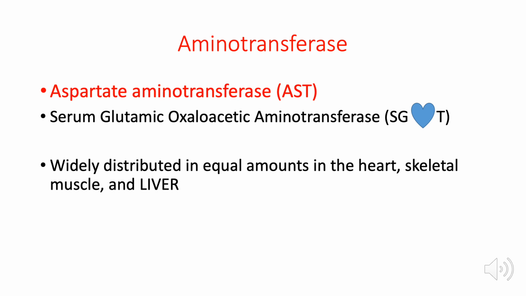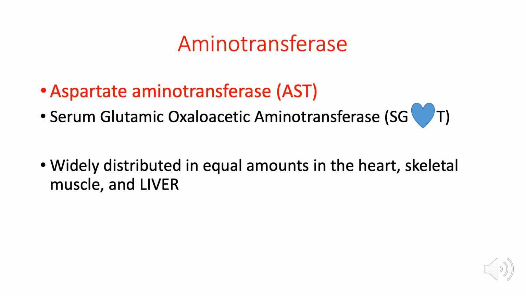It can also be found in the heart and skeletal muscle. So if your patient has hepatitis and acute myocardial infarction at the same time, you will never know if the high AST level in the blood is because of the hepatitis or the acute myocardial infarction. Plus, AST is found in higher concentration in the heart than in the liver.